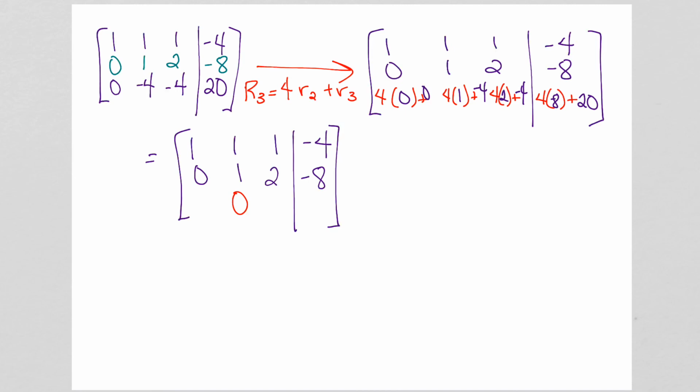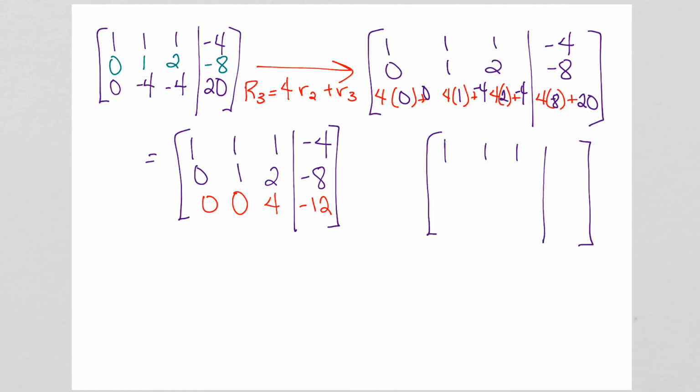So that we get 0, 0, 4, and -12. Okay, are you catching on? So what's our next step? We've got our zeros in the triangle. Now we need to finish our diagonal of 1s by getting a 1 right there.